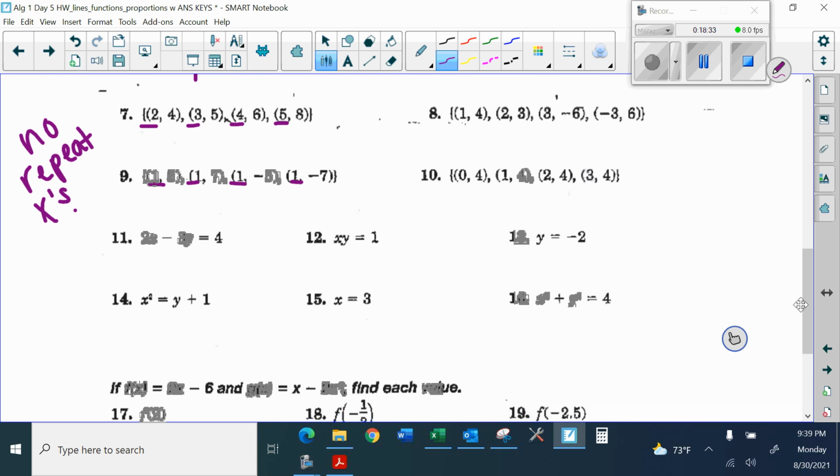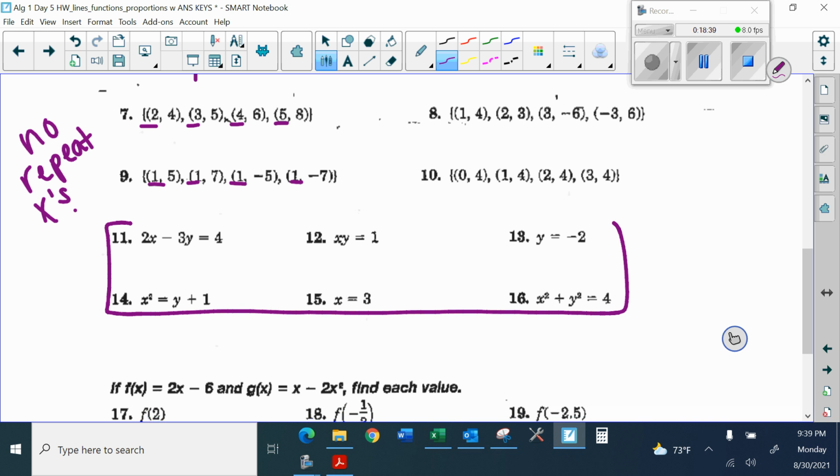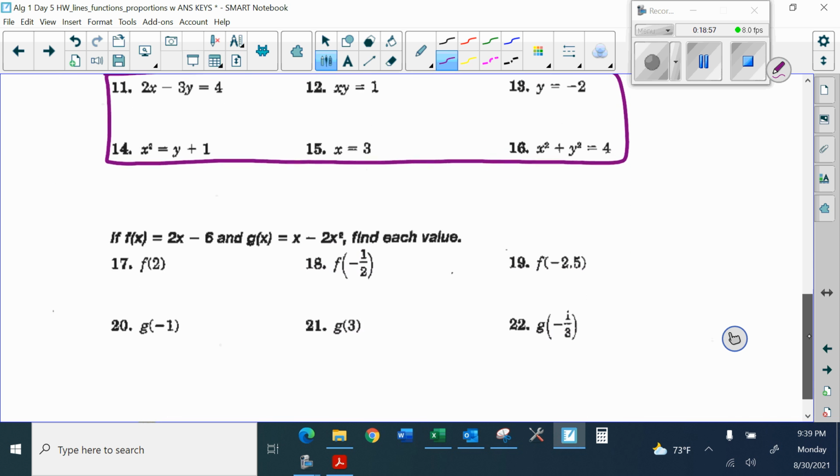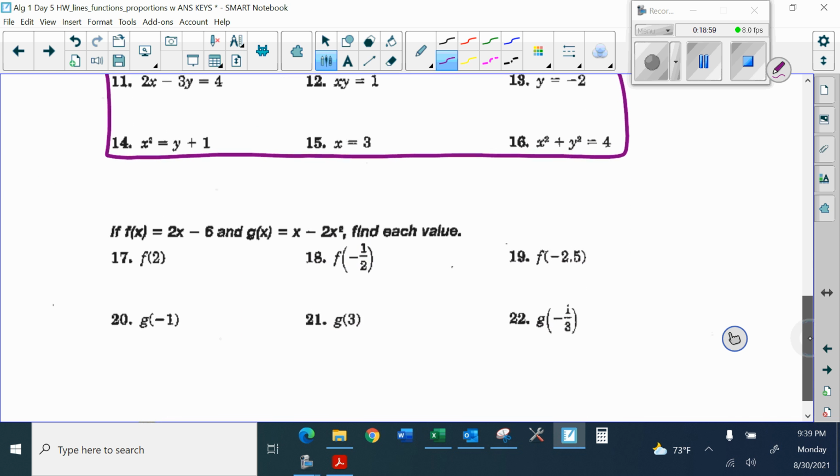We'll go ahead and skip this section. This is better for Algebra 2. I have to explain too much. And you can't graph these equations, most of them, quickly. Actually 14, 12, and 16. So I'm not gonna go through that. You actually do that in geometry and Algebra 2.